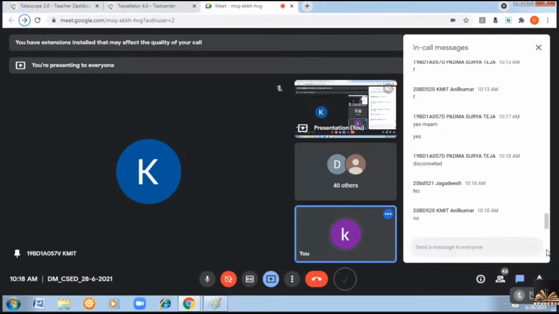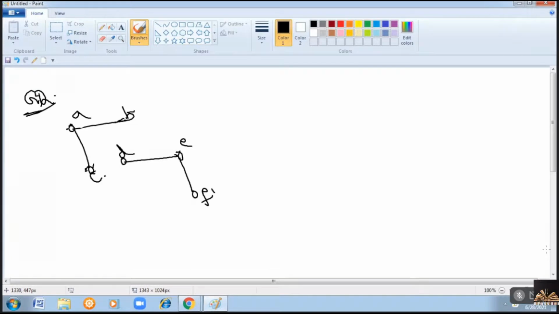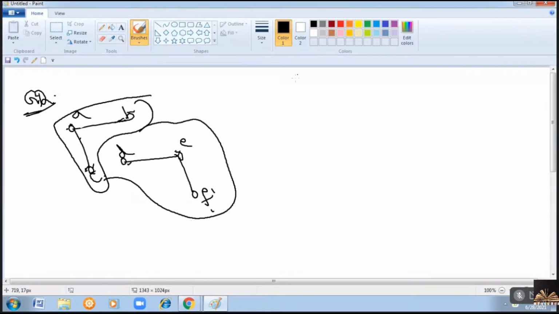Two. Yes. From A you cannot reach D, E, F, therefore it is a disconnected graph. A disconnected graph should have two or more components. So ABC is one connected component, DEF is another connected component.